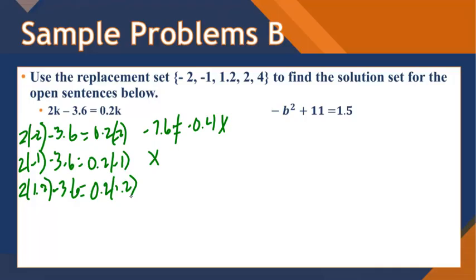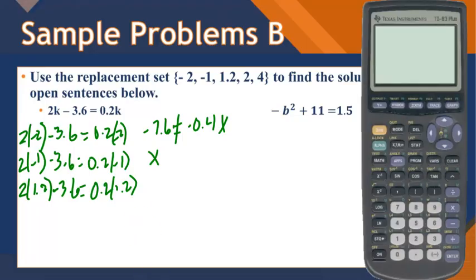So 2.4 minus 3.6 would be a negative 1.2. If I did 0.2 times 1.2, let's just do that quickly on our calculator, that gives us 0.24. 0.24 does not equal the other side, which we said was a negative 1.2. So no, that doesn't work.